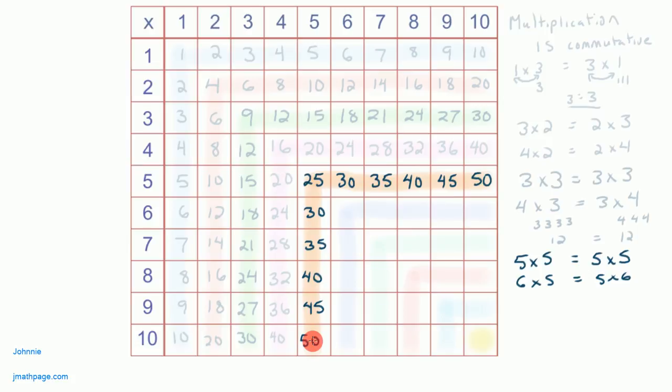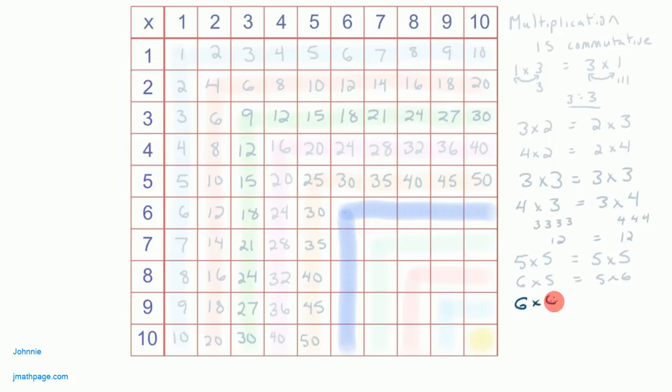Let's go on to our 6s. All right, we have to start with a special number again. We're going to start with 6s, so we know that 6 times 6 has to equal 6 times 6. So we'll start with that one.